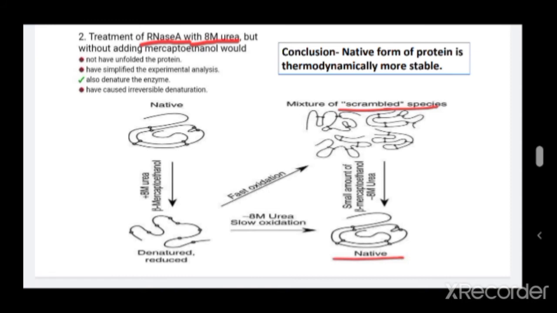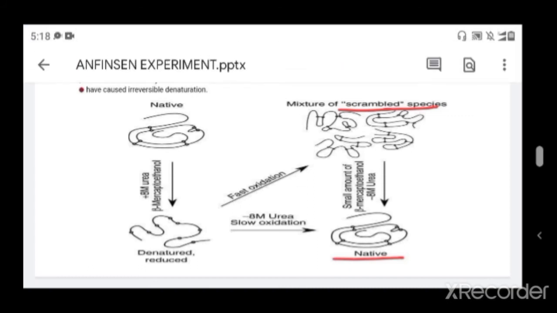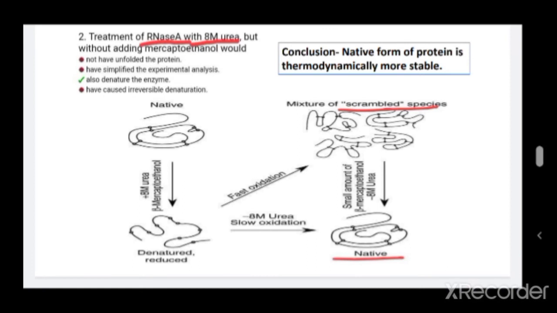Then when you are removing the mercaptoethanol but there is still urea, there will be scrambled forms, that is, randomly formed disulfide bonds. And when you remove urea and introduce small traces of mercaptoethanol, then there will be formation of the native structure.